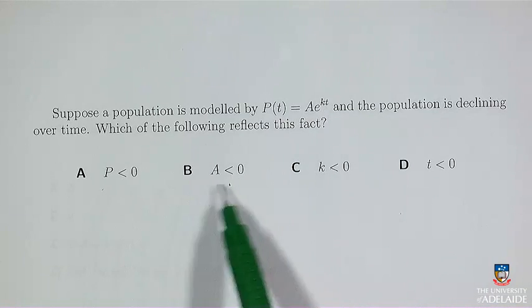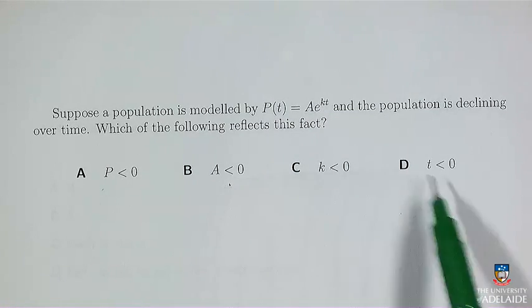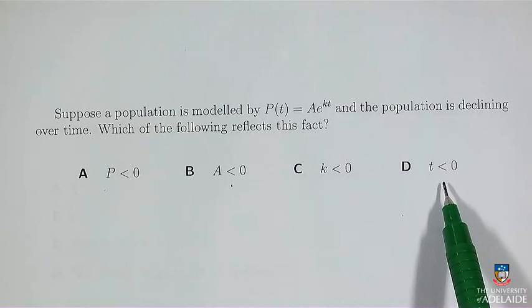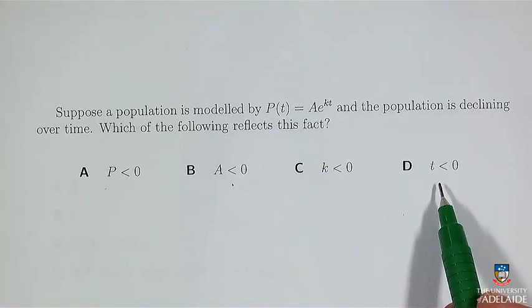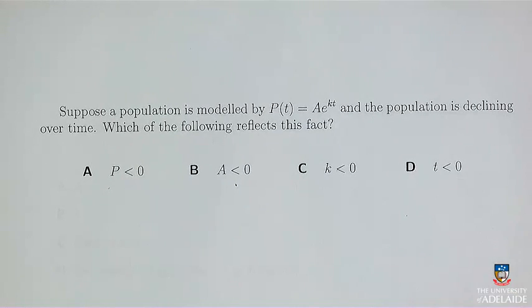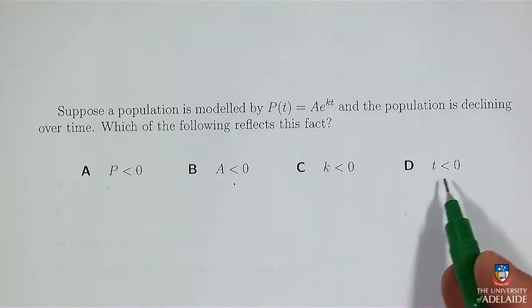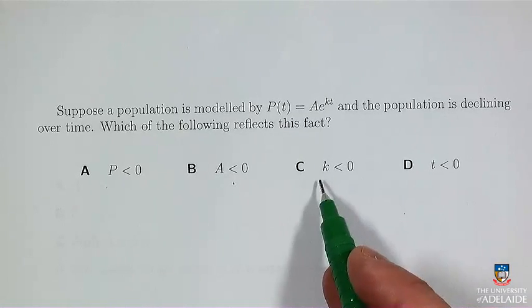So that's the same as this, right? That would be saying that the initial population is negative. That's junk. This is saying t is less than 0, which is, well, junk. I mean, it's okay. It just means you started measuring before you said you were going to start measuring, but it doesn't change anything. I mean, it doesn't tell you which way the population is changing. You don't run t backwards. That's stupid. So it must be this one.